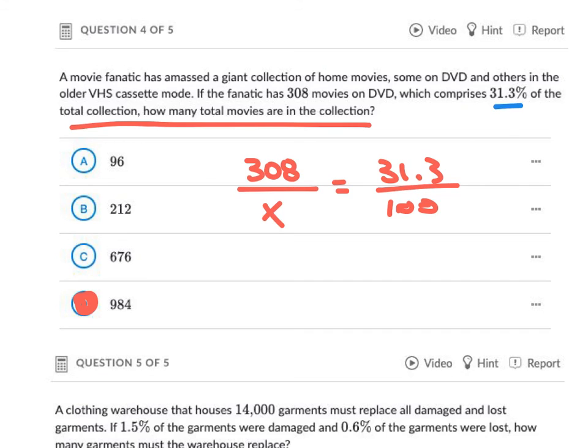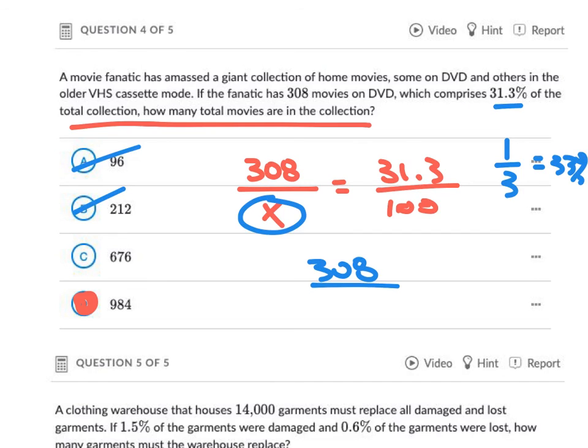Okay. 1/3 is roughly 33%. So you know that this number, if it's proportional, has to be larger than 308, so you can get rid of these 2. And then you could just sit here and do the math.